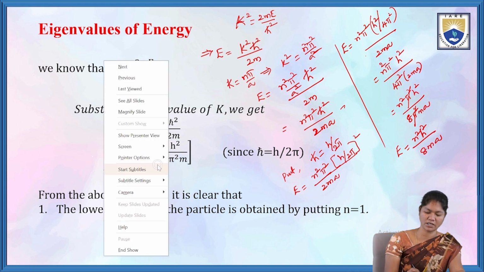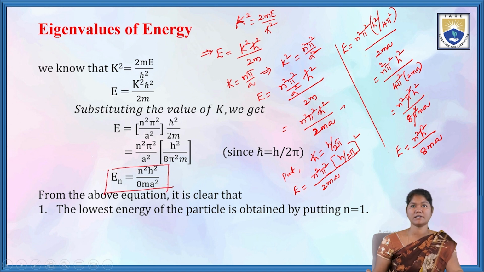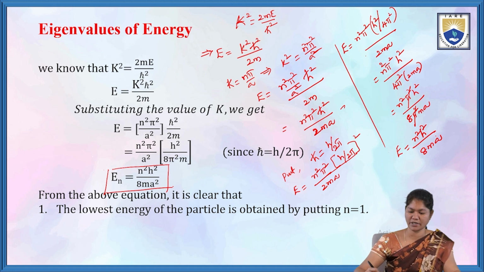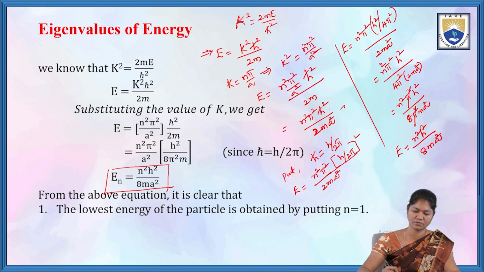So which we got here, Eₙ = n²h²/8ma². Here a², n²π²/a², no? I forgot to write a². 2ma² here also.